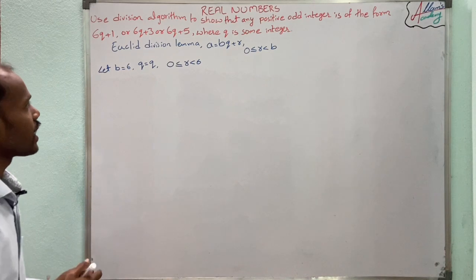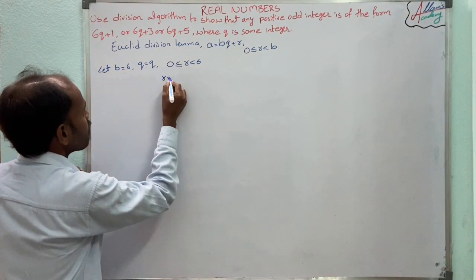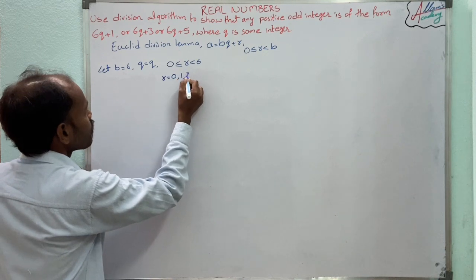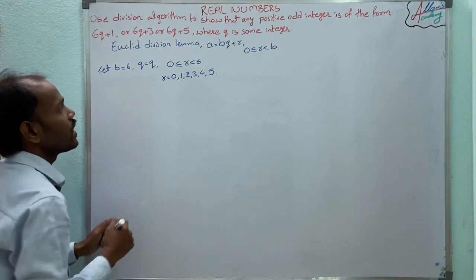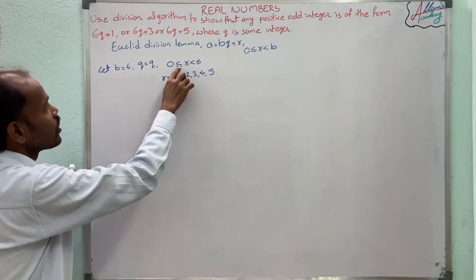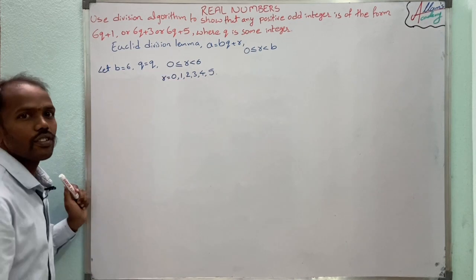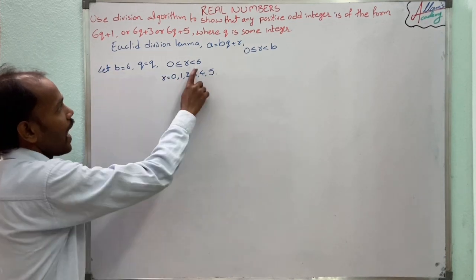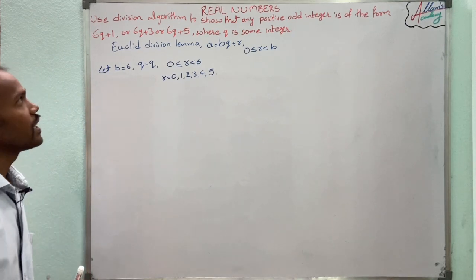So the remainder may be 0, 1, 2, 3, 4 or 5. Why? Because 0 less than or equal to is given, so the remainder 0 also has a chance, and less than 6 only is given, so we take up to 5 only.